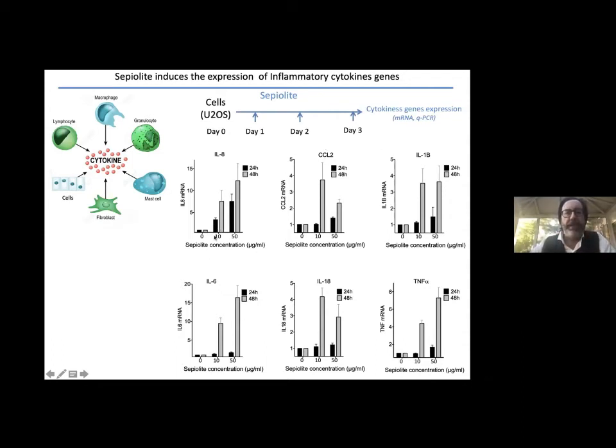With two different concentrations and either 1 or 2 days after exposure, we can see that sepiolite induces the expression of genes coding for inflammatory cytokines.